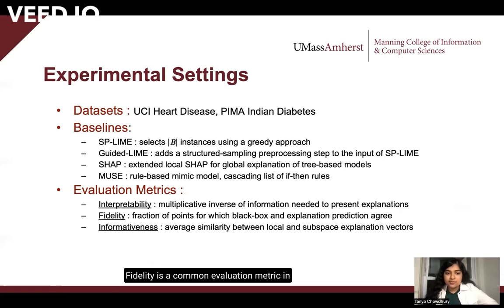Fidelity is a common explanation evaluation metric in explainable AI and is the fraction of points for which the black box prediction agrees with the explanation model reconstructed prediction. The third metric is new and proposed by us and often overlooked by other explanation algorithms. Informativeness. Informativeness measures the average similarity between local and subspace explanation vectors in the region of interest.